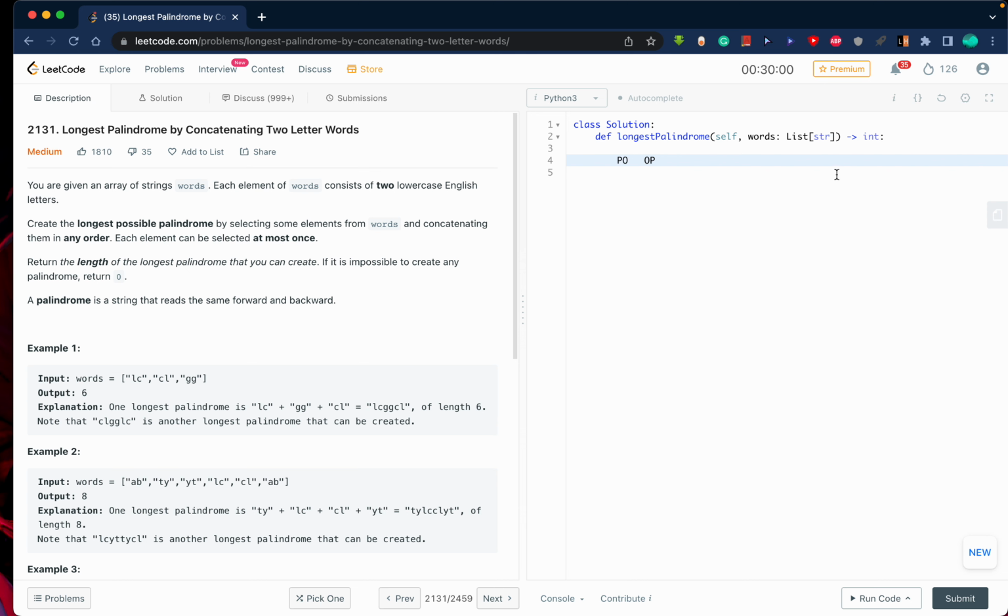Because this O cannot be compensated by anything else. If I compensate this with another word, let's say IO, then this P is missing, so I have to put this P anyways.